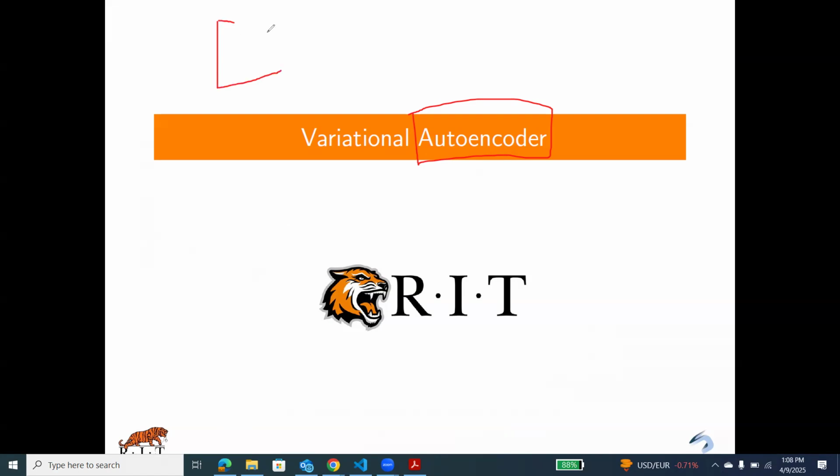This is called autoencoder, and this part is called the bottleneck. The idea is we have input, you can think about image as input, and we have output, and we train this neural network to minimize the distance between X and the reconstruction of X. So MSE loss to minimum.